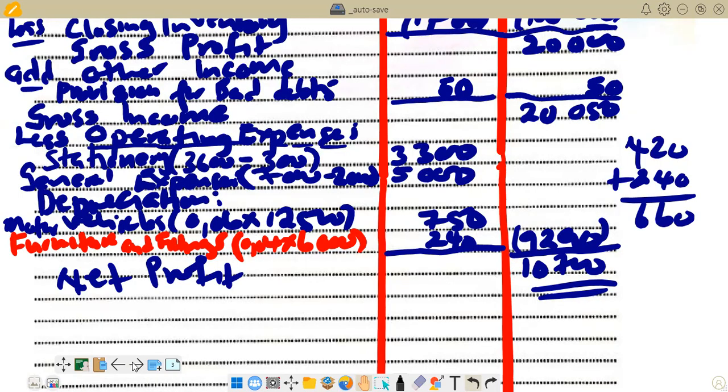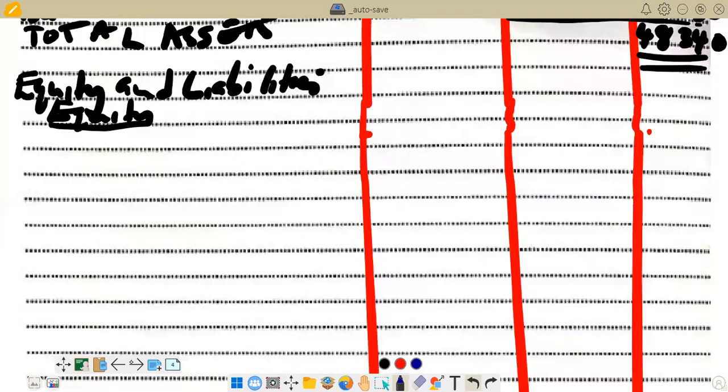So basically, here we are employing the formula of opening capital, add net profit. If there's a loss, we subtract net loss. But in this case, there's a profit, so we add net profit, then we less drawings to get the figure for closing capital. So that's what we are doing in the equity section. So the figure for opening capital, we got it. Net profit is here, 10,700. Drawings, we got it. And then we get the closing capital. So we can go there and summarize that one.